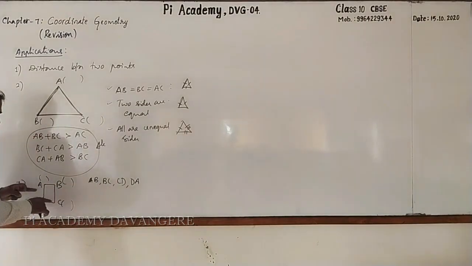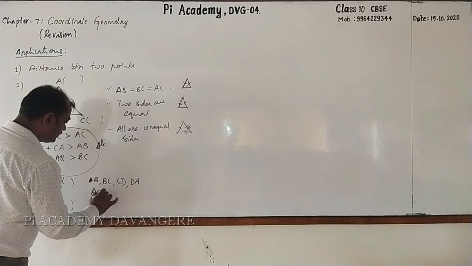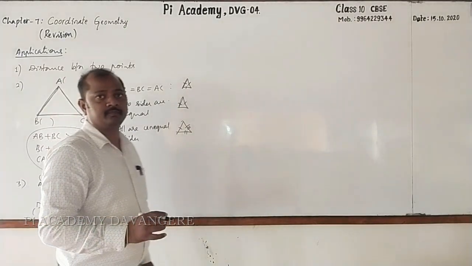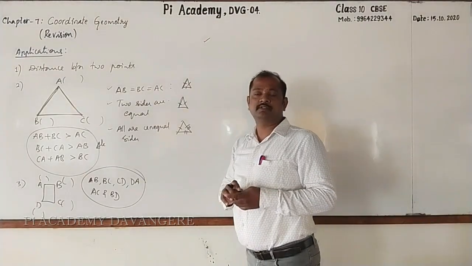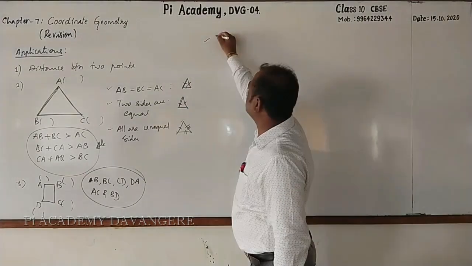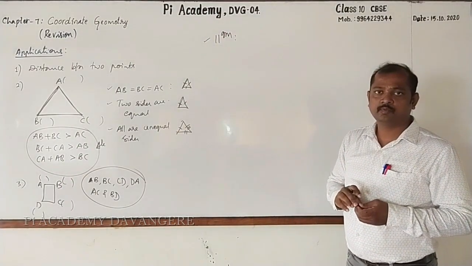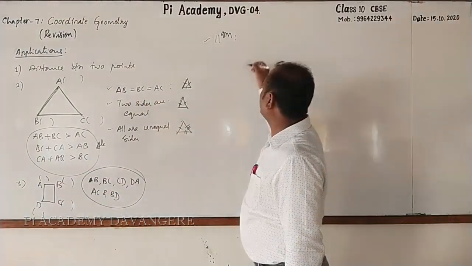Then what do you say about AC and BD? They are the diagonals, AC and BD. After finding all these, you can check what type of quadrilateral it is. If it is a parallelogram, what condition does it hold good? Very good. Opposite sides are equal.